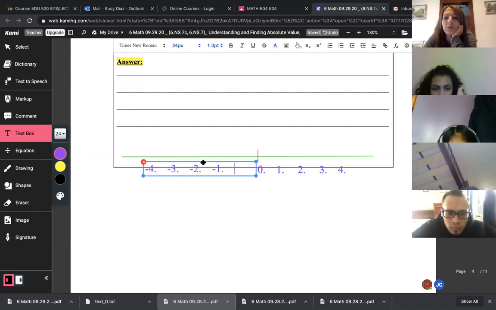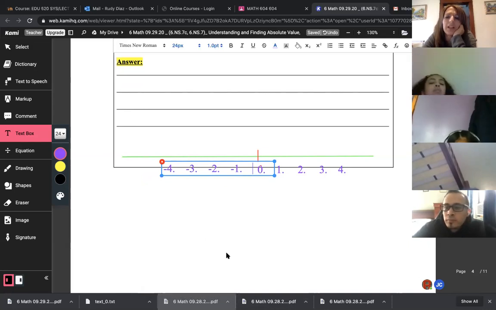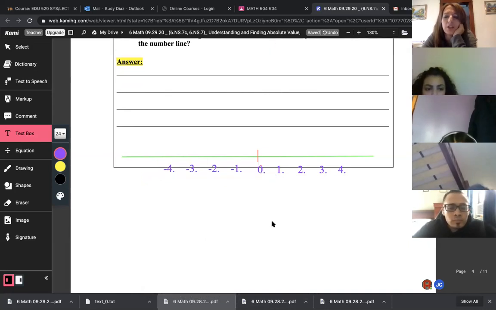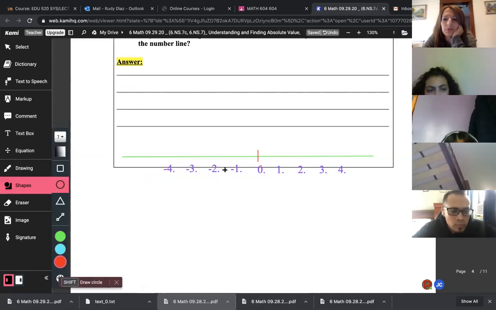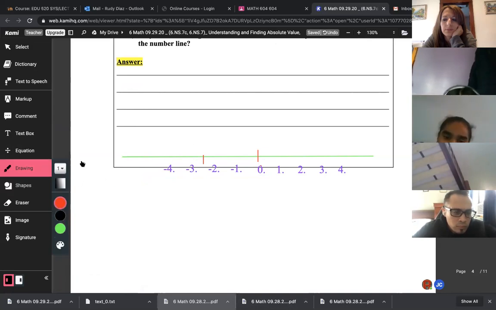And who was doing that one, Mr. R? I can't hear you. Kaylani. Kaylani, y is 2.5 to the right of 2. 2.5 is to the right of 2 because... Is it greater than or less than 2?